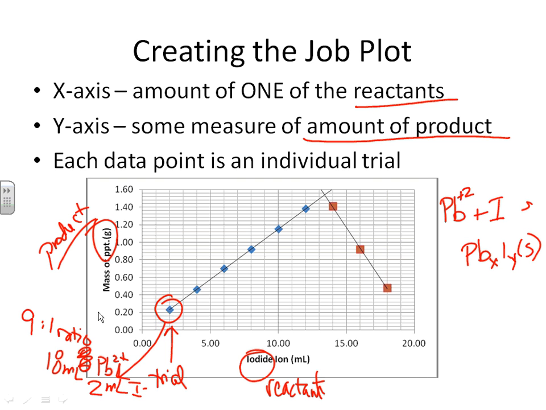So each of these points is an actual trial, and each of them represents a different ratio of reactants to one another. They take this information and just plot all of the points. And there are always going to be 2 lines in a job plot, a line that goes up and a line that goes down. When the line is going up and when the line is going down, aka right here and right here, one of the reactants is limiting.